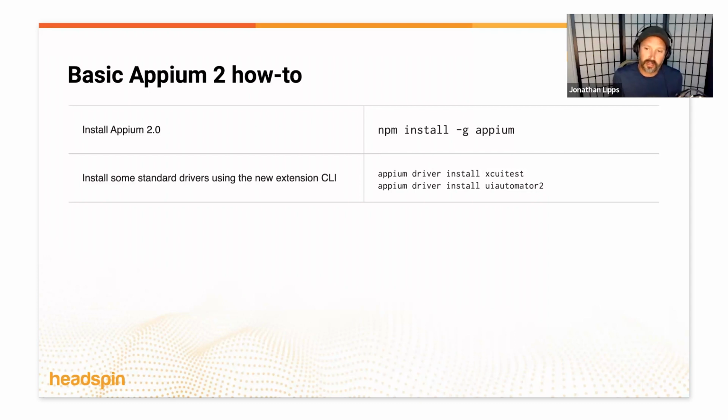We call it the Appium extension command line interface because drivers and plugins are both Appium extensions, and you can use the same command line interface to install or update or list or delete drivers and plugins. So here's an example of how we would install the basic iOS and Android drivers in an Appium 2 world.